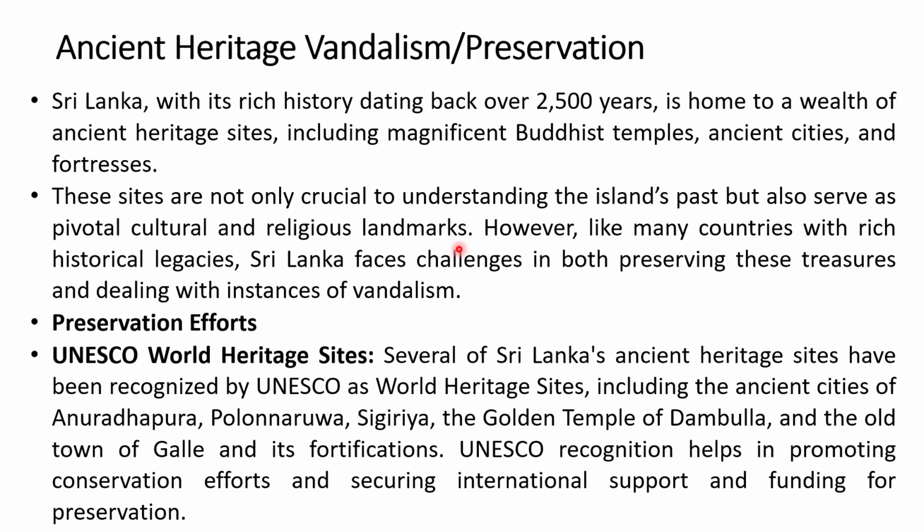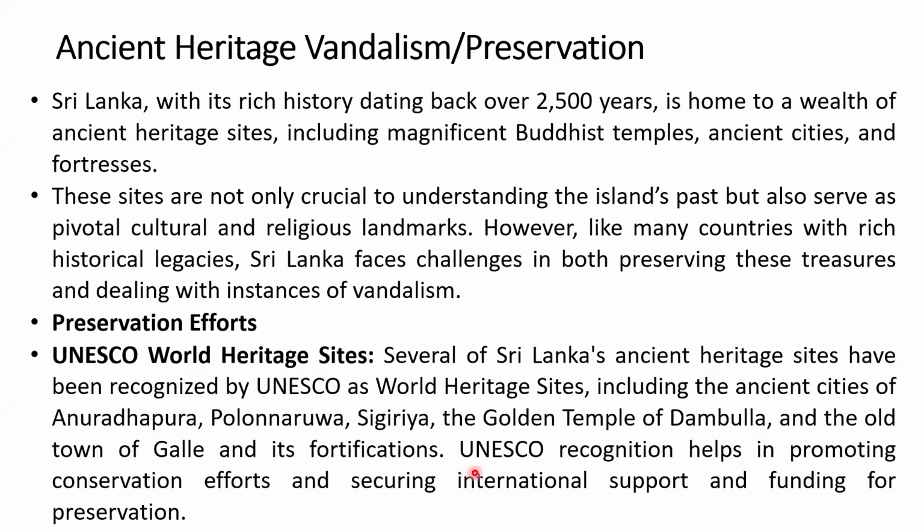We can identify several eras. Now there are preservation efforts, and mainly the UNESCO World Heritage Sites. Sri Lanka has some ancient heritage sites that have been recognized by UNESCO as World Heritage Sites, including the ancient cities of Anuradhapura, Polonnaruwa, Sigiriya, the Golden Temple of Dambulla, then the old town of Galle and its fortifications.